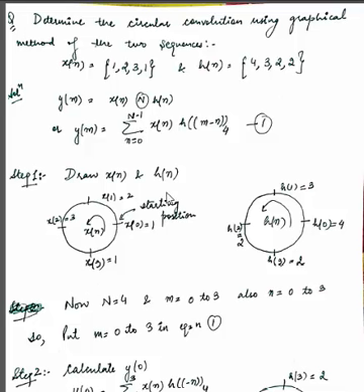So x of n's starting position remains the same, that is x of 0, and in the anti-clockwise direction this is x of 1, x of 2, x of 3. It's a 4-point DFT, so the circle is divided into 4 parts. In the same way, h of n is plotted using h of 0, h of 1, h of 2, h of 3.